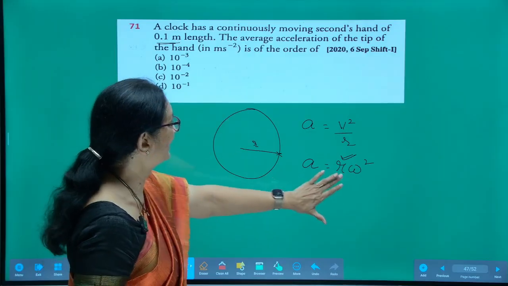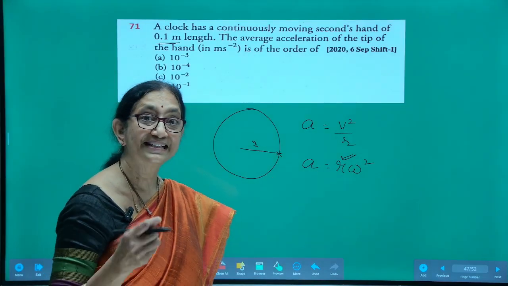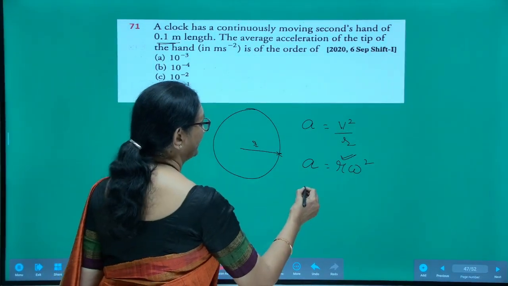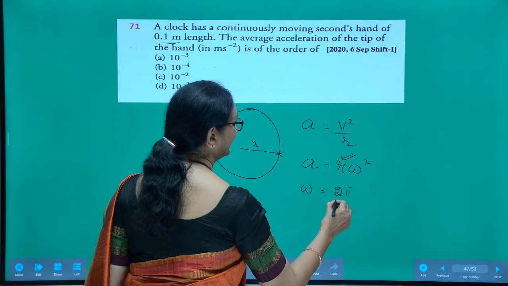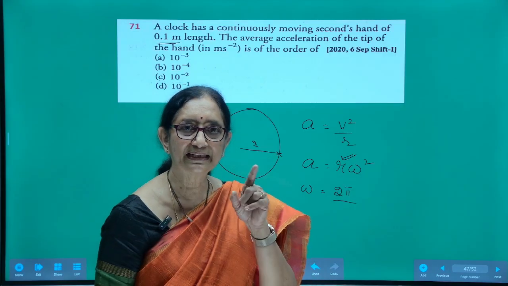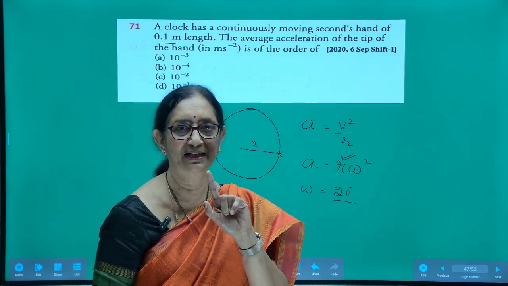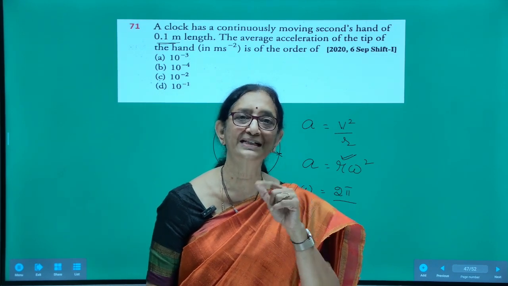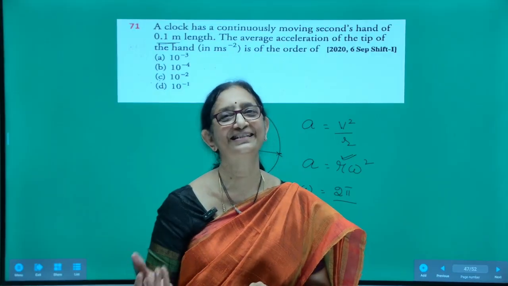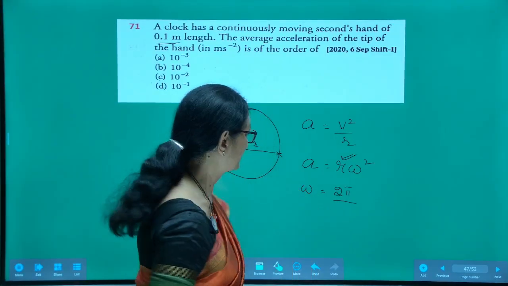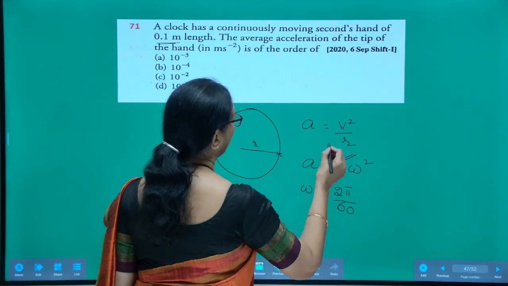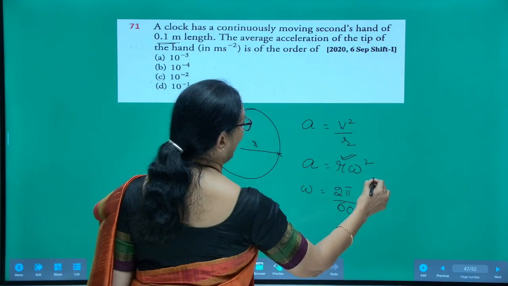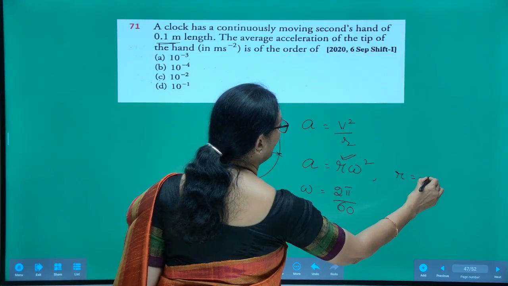So what is the angular velocity of the seconds hand in a watch? Angular velocity is angular displacement by time. The seconds hand completes one revolution in 60 seconds, right? So its angular velocity will be 2 pi by 60. Radius is given as 0.1 meter.